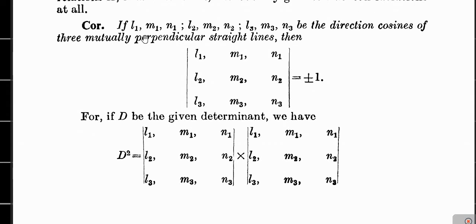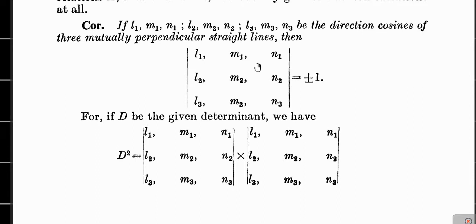Let us suppose that L1 M1 N1, L2 M2 N2 and L3 M3 N3 are the direction cosines of three mutually perpendicular straight lines. Then obviously we know that sum of the squares of direction cosines of any line is always equal to 1, and also we know that sum of the product of two perpendicular lines is equal to 0.